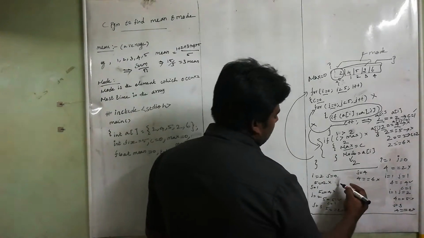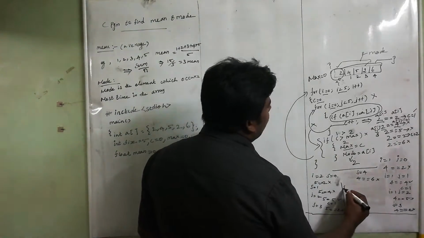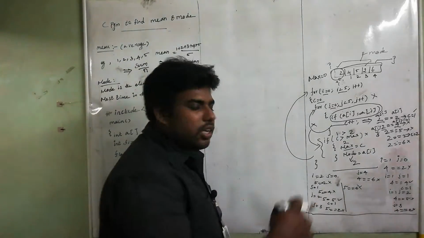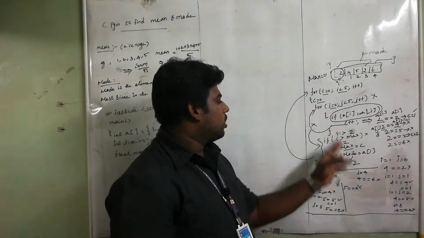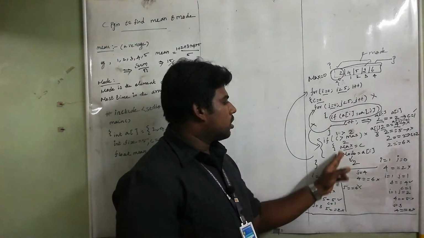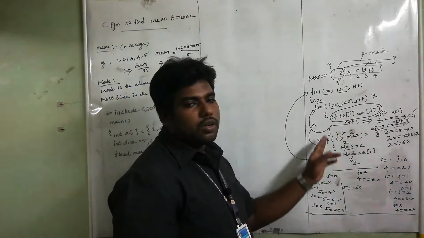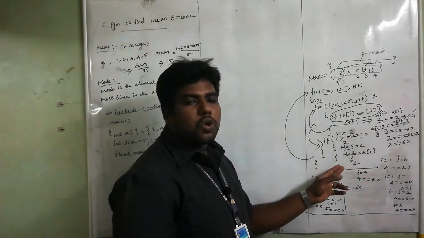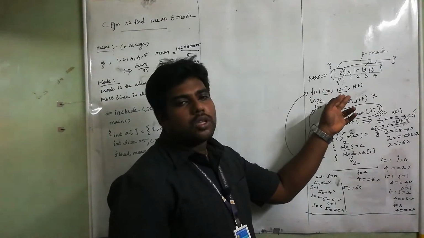False. Then 5 equal to 6. False. Like that it will execute again and again. After that, here again 1 greater than 2. Condition false. This if condition won't execute, again it will go back to the for loop.